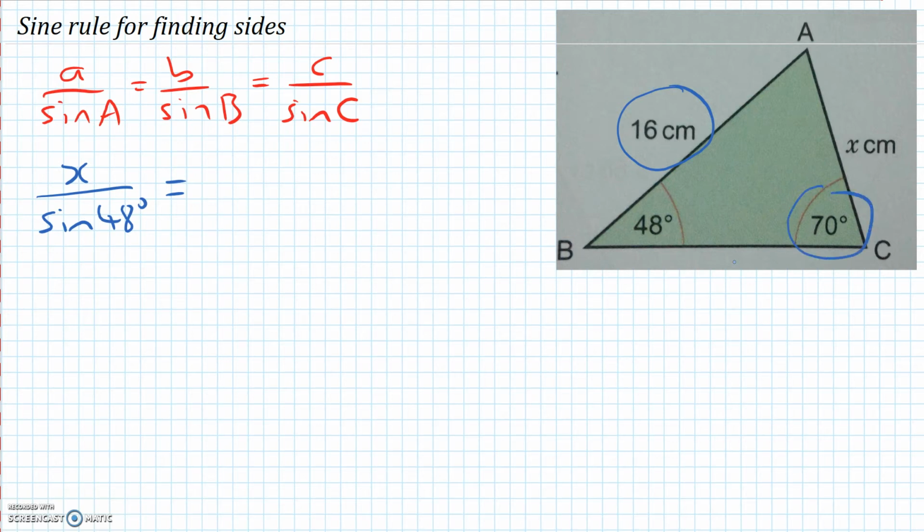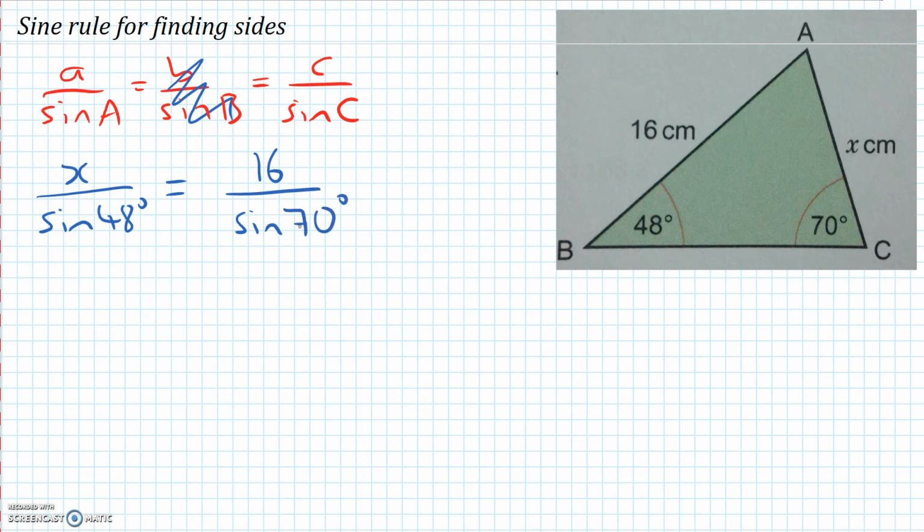That looks like angle C, and its opposite side is length 16. So we don't really need this part of our sine rule equation, but we do need c, which is 16, divided by the sine of angle 70. So we've got an equation with x in it. That's our unknown, the length of the side that we want to calculate.